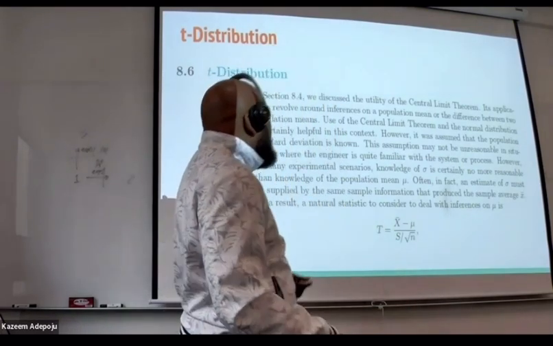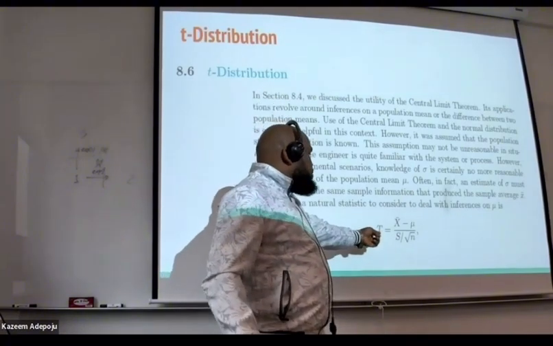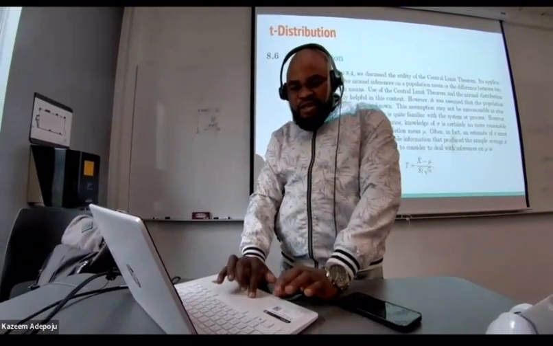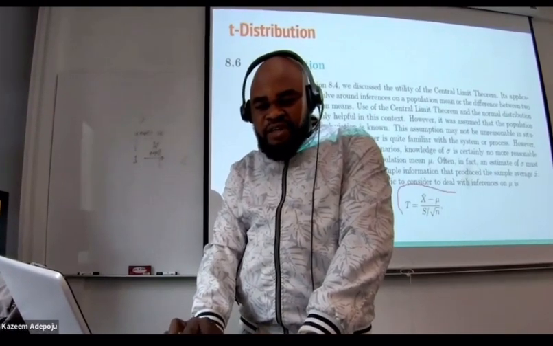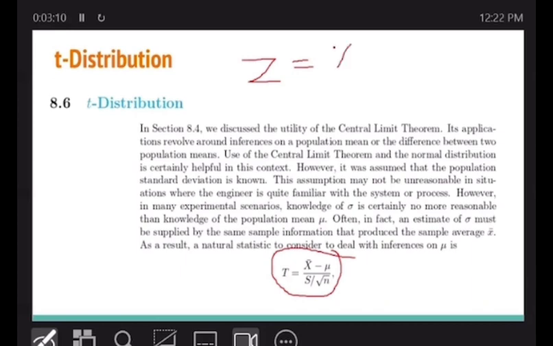If you take a look at what you are seeing here, initially we have Z equal to x minus mu over standard deviation divided by square root of n. Now, that first one is a situation where we are working with a large sample.